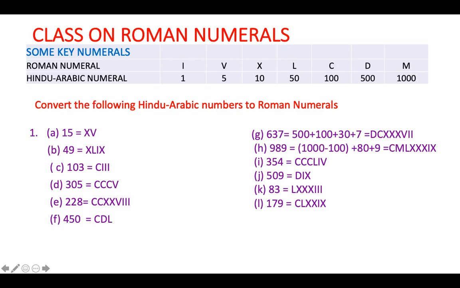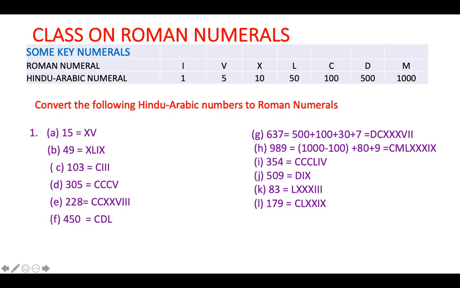And 9, you know how to write 9, that is I and X. So again, 989 will be written as 1000 minus 100 plus 80 plus 9. So our Roman numeral will be CMLXXXIX.